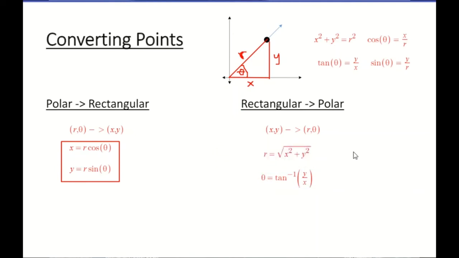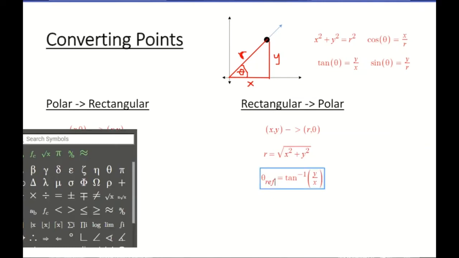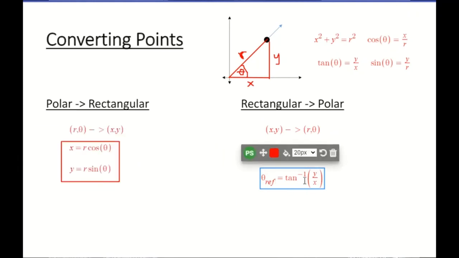You just have to look and see what quadrant you're in, and depending on what quadrant you're in, you'll do something a little different to compute it. So let me rename this angle theta reference angle. So again, this may or may not be the actual angle that we want. Most likely it's not going to be. In fact, the only time it will be the reference angle is when you're in quadrant 1.